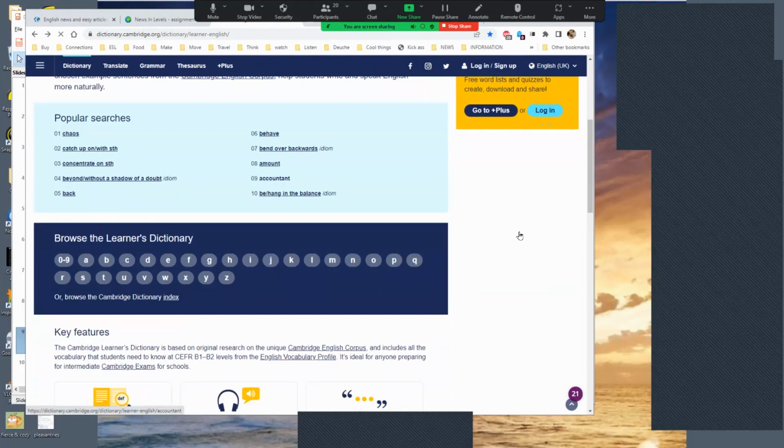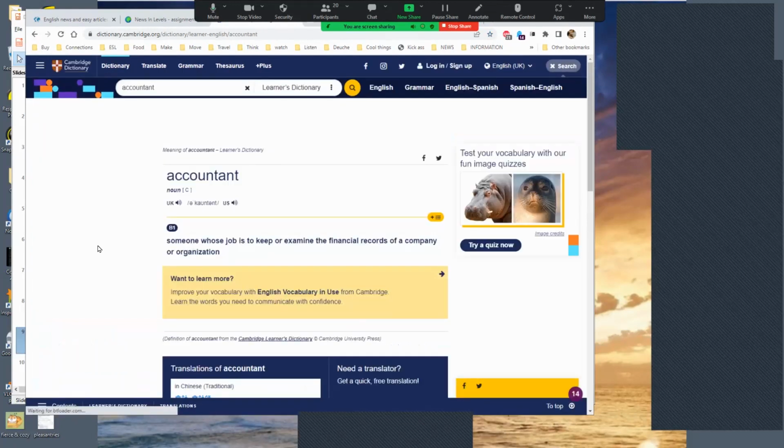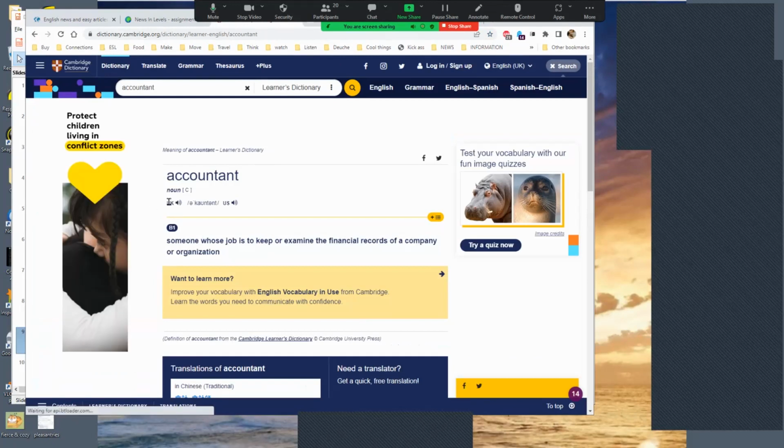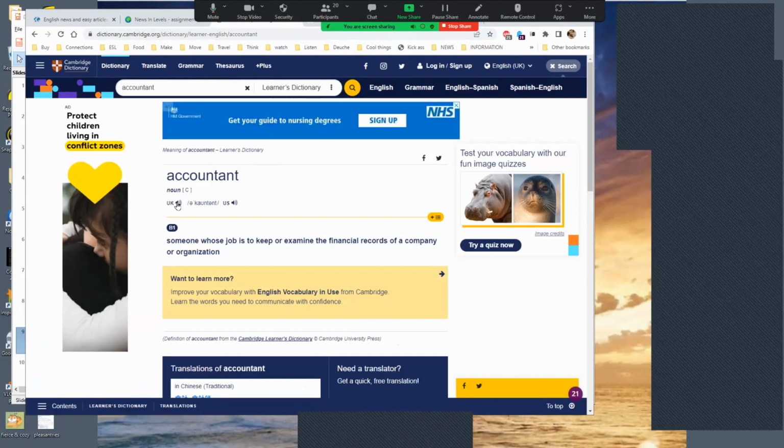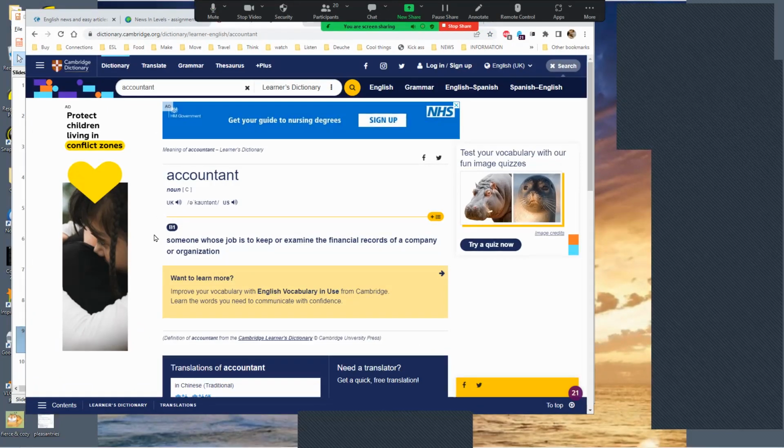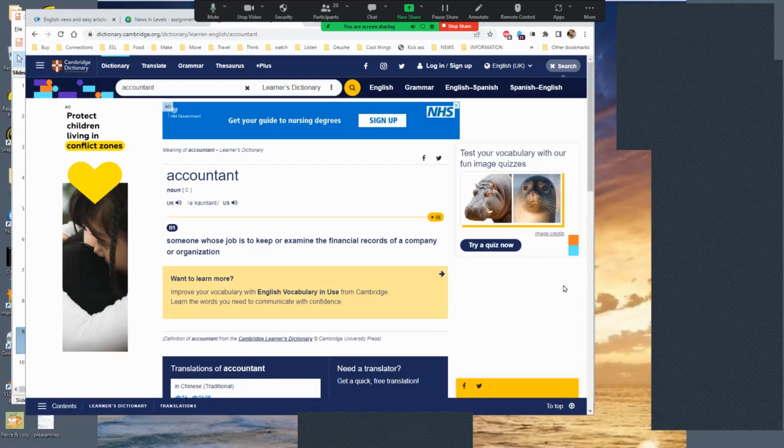And if we look up a single word, it's wonderful because we can listen to the pronunciation as well. All right. Accountant. In both UK and US pronunciation. And this is wonderful because we read so many words that we don't necessarily hear someone using.